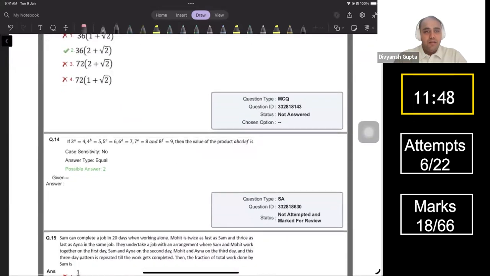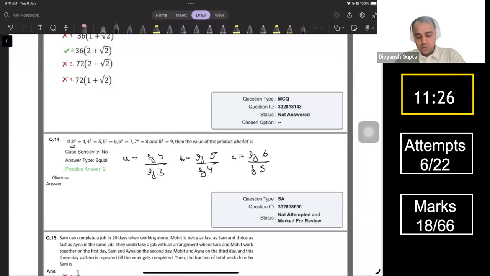Question number 14, we are given a lot of numbers and need the value of the product A, B, C, D, E, F. I think it's simple. This is actually a straightforward question. A will be equal to log 4 by log 3, B will be log 5 by log 4, and C will be log 6 by log 5, and so on.